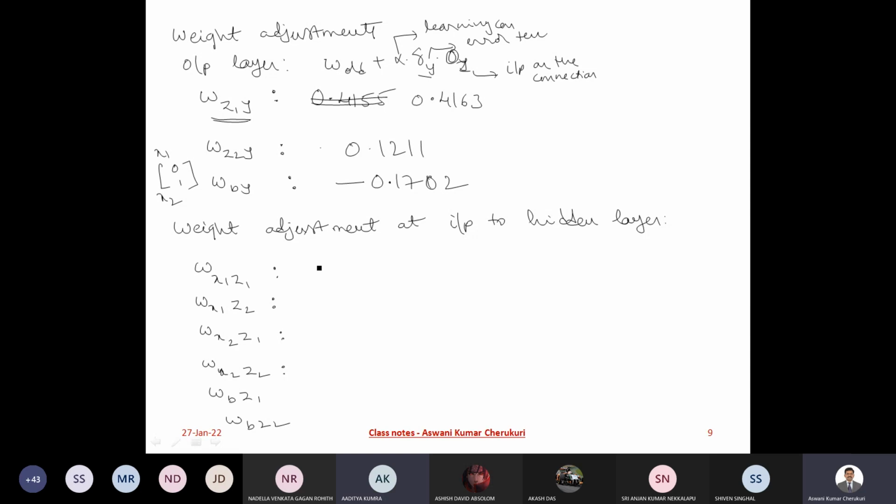Sir, won't it remain same? Yeah, since X1, the connection input coming, is 0, it remains 0.6 volt weight. Yes, correct.